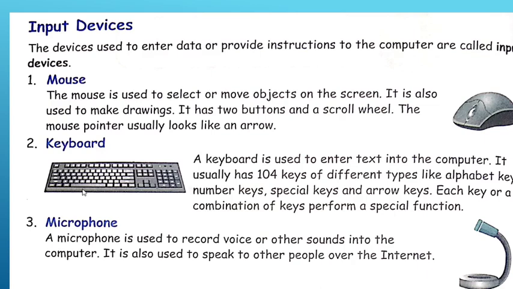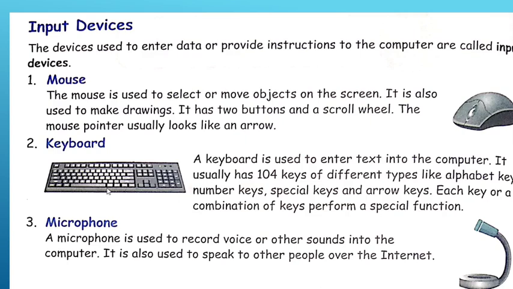Apart from these function keys, we have arrow keys. Do you see this area? There are 4 arrow keys: up, down, left and right arrow keys, through which you can move the pointer of your keyboard. And the longest key or some special keys are spacebar key.